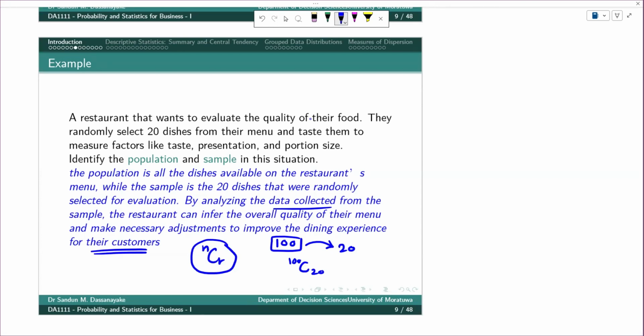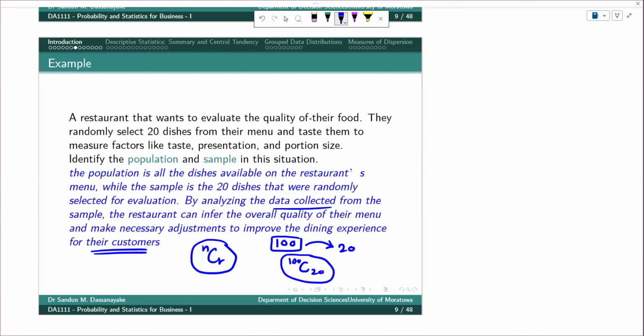And you can see the number of possibilities you can think about. If you have such a number of possibilities, just taking 20 and evaluating the menu from those 20 needs to have a certain logical flow, a certain mathematically acceptable format. That is what inferential statistics is about. You can think of all possibilities, multiple ways in which you can select.